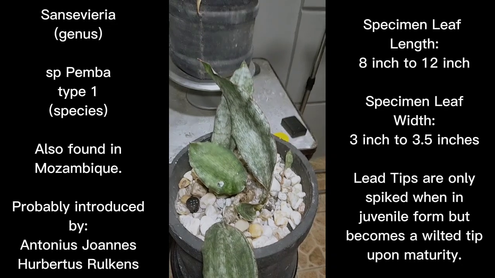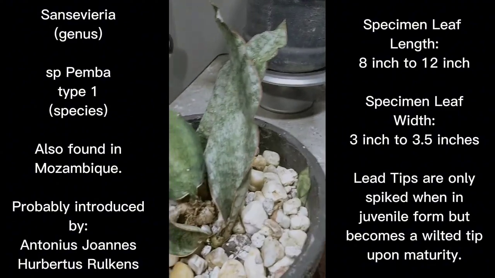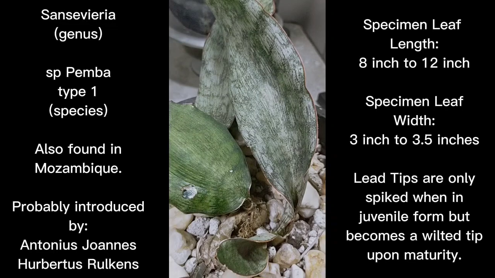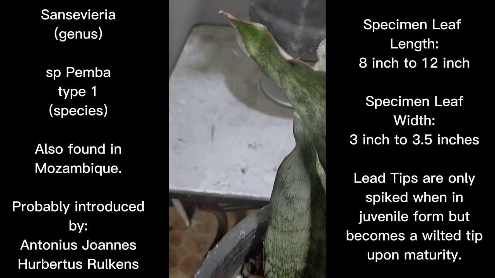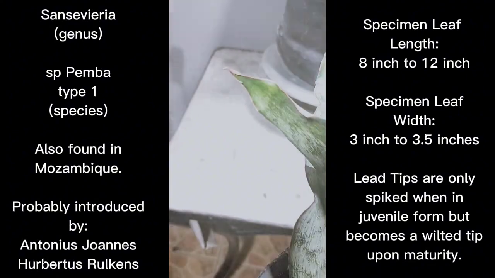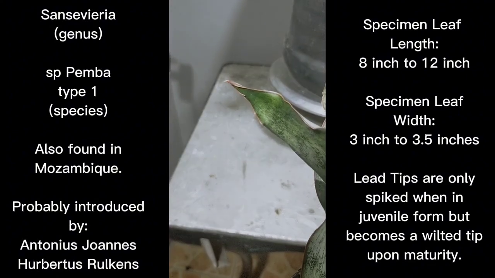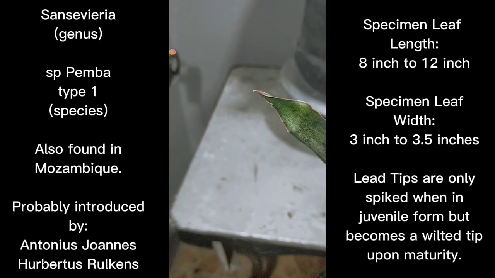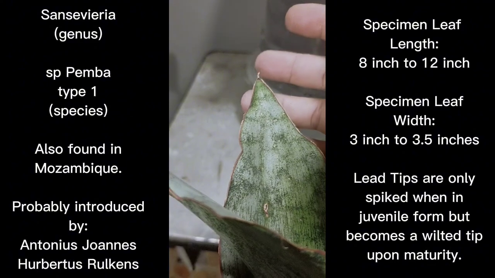We'll check out what else we can observe regarding the Pemba type 1 species. For the leaf tips, you can see that there is a hook-like tip there, so it's kind of spiked. From the others though, it will kind of wilt off.